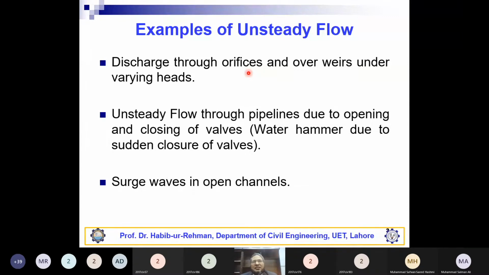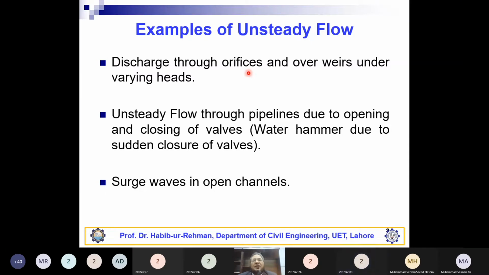Orifices are basically openings at the bottom or side of tanks to discharge liquids. Suppose we have a tank and there is an orifice in the bottom or on the side, and there is no inflow in the tank and there is only outflow from the tank. Then what will happen to the water level with time? Would it remain the same? Decrease.